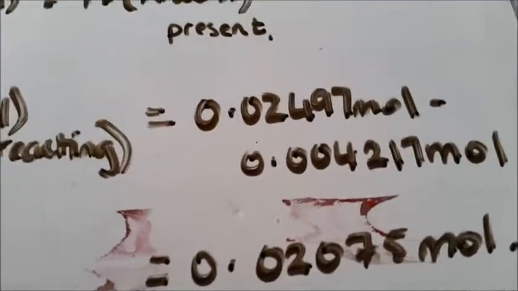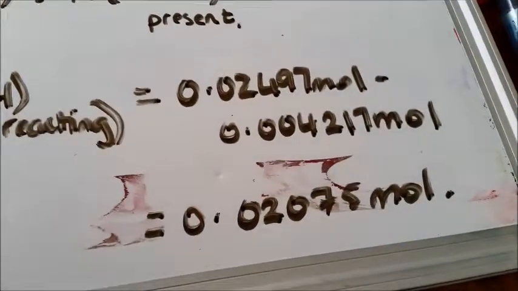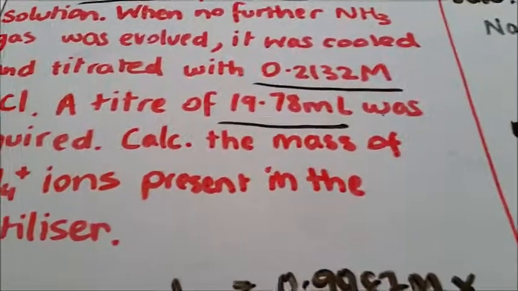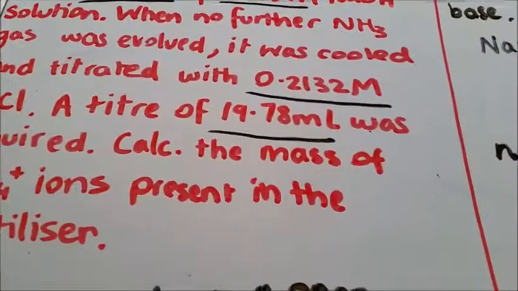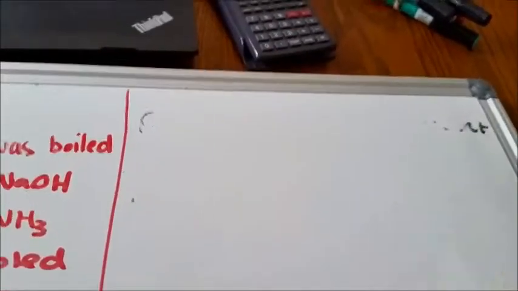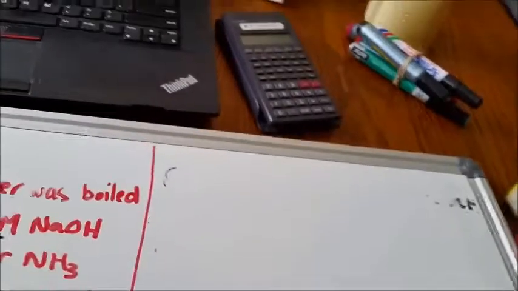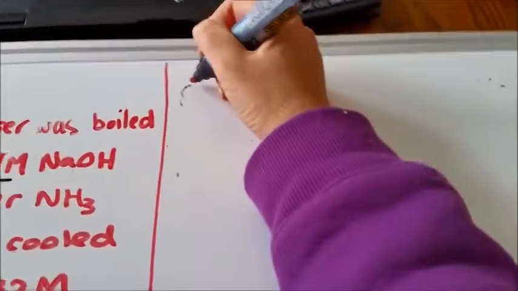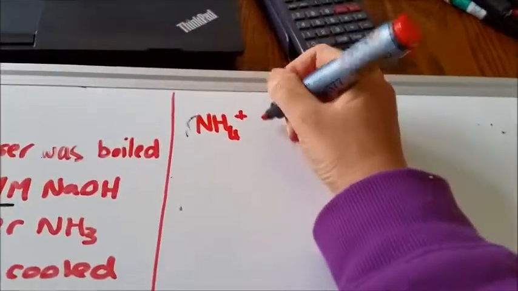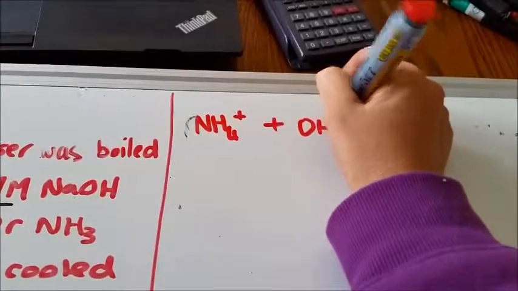What we want to do is relate it back to the original statement. Now, the original statement, we were told that it was reacting with our NH4+ ions present in the fertilizer. And if we were to write a balanced equation, what we would see is the following. So I'm just going to rub out what we had at the top here, because that's now done. Okay, so I might use red just to show a bit of contrast. So our original equation was this. We were told we had our ammonium ions and they were reacting with our OH- ions.